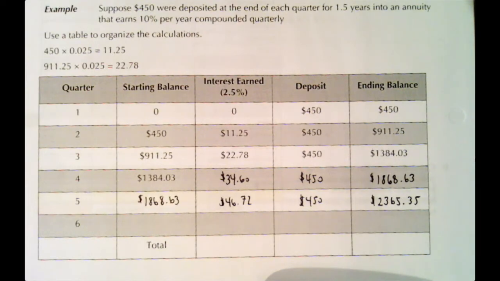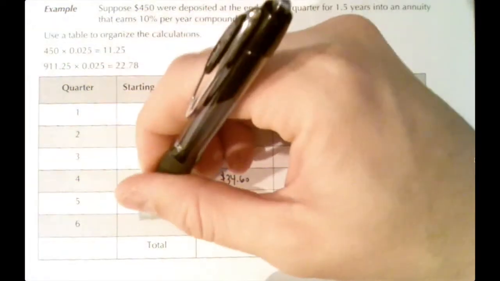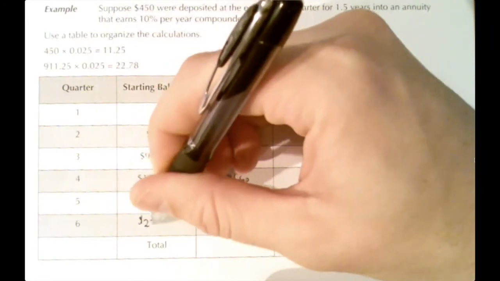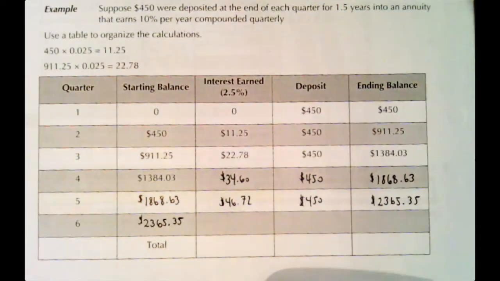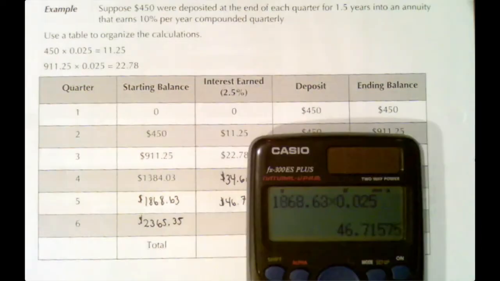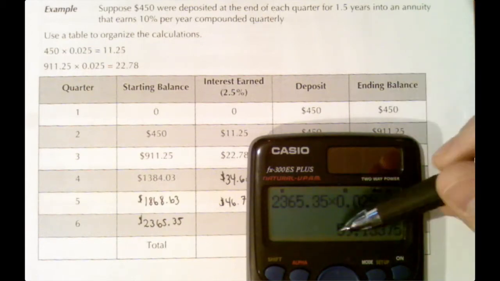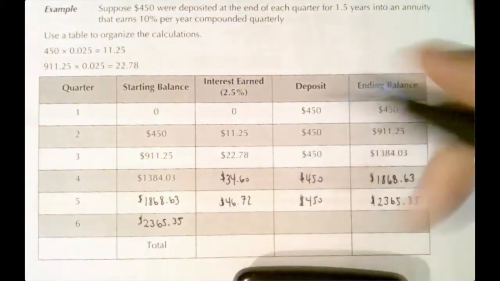Almost done. Last quarter. We start the quarter with $2,365.35. Let's see how much interest we earn. 2365.35 times 0.01225, sorry, not 12. And we get $59.13.